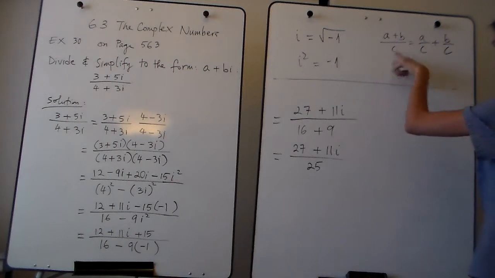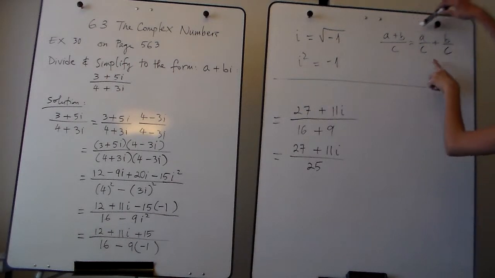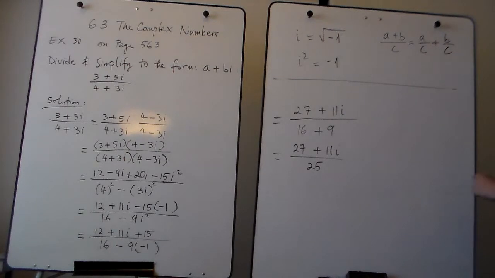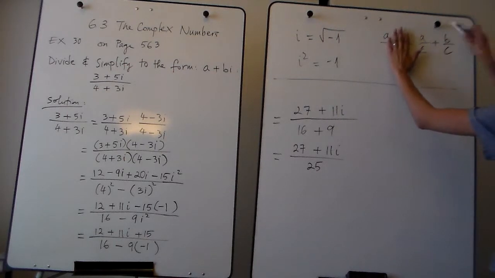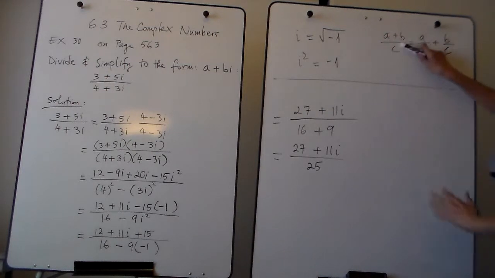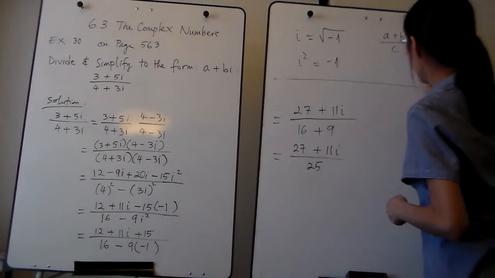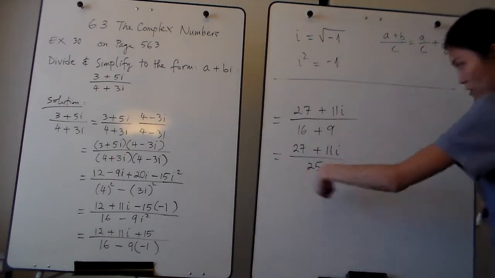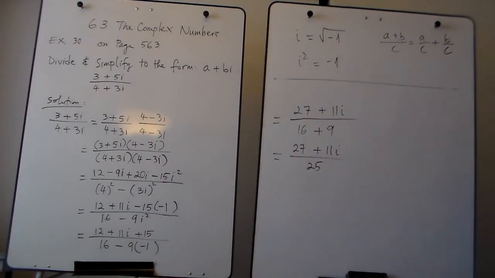One fraction, a plus b over c, you can split into a divided by c plus b divided by c, or when you combine these two fractions with the same denominator c, you can rewrite this as a plus b divided by c.